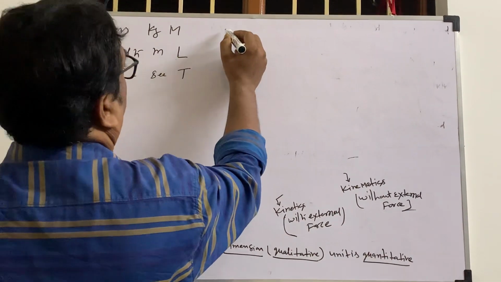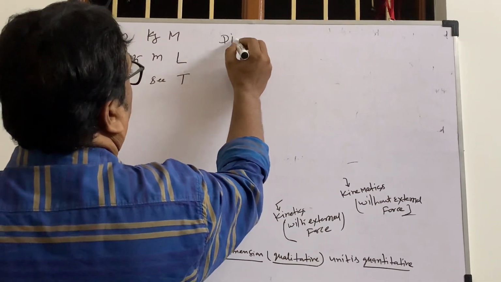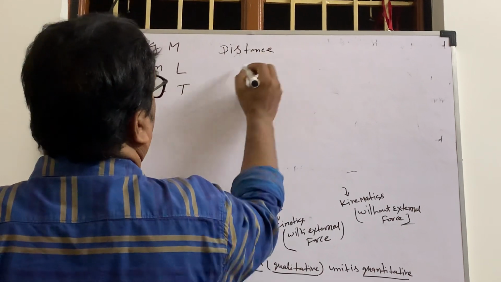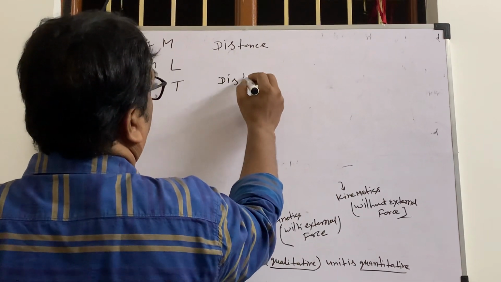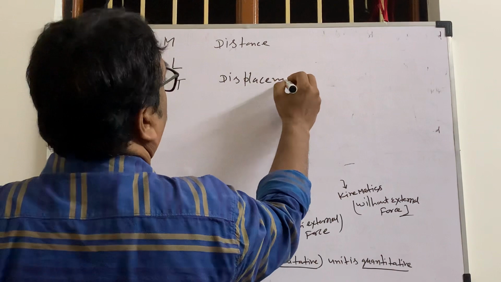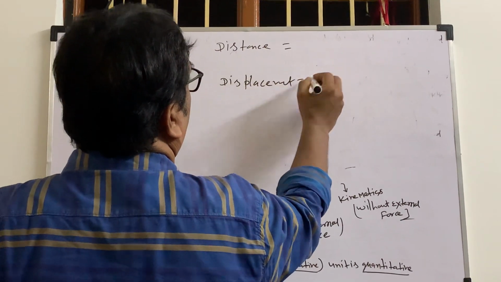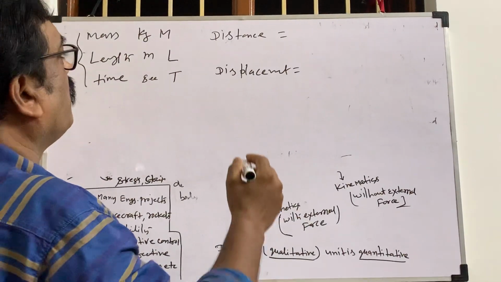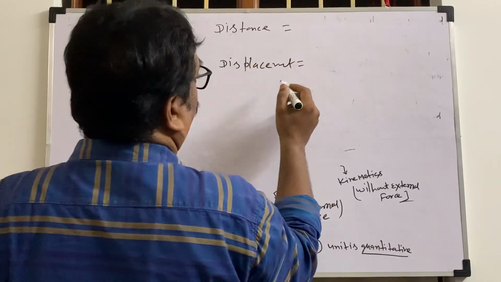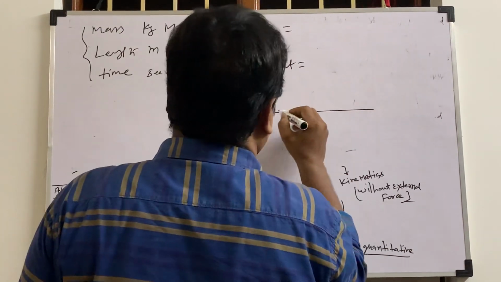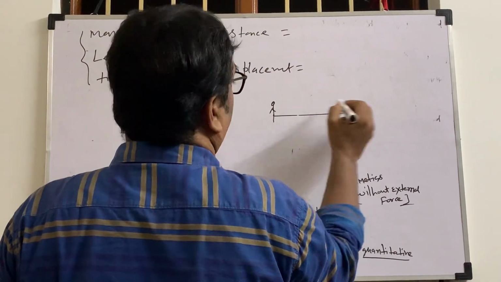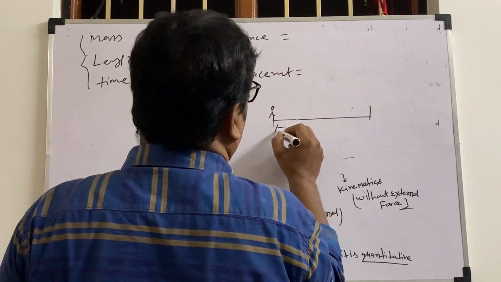Now let's go to distance and displacement. What is distance, what is displacement? Suppose you draw one line, one person is standing here, and he reaches x meter.